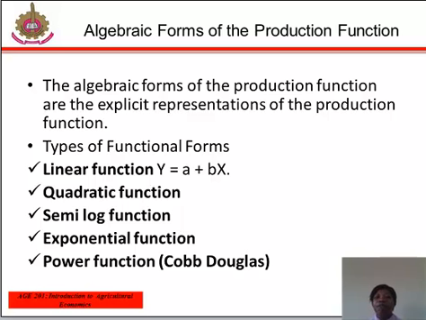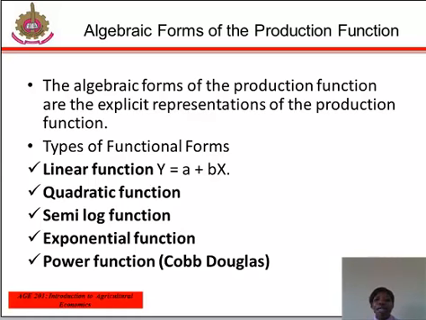Namely, the functional form used must adequately represent the production process which it is meant to represent, that is, the estimation function fits the data on which it is being based. The algebraic form should be easily estimated by econometric and statistical procedures. And lastly, it should be easily manipulated in terms of economic analysis.